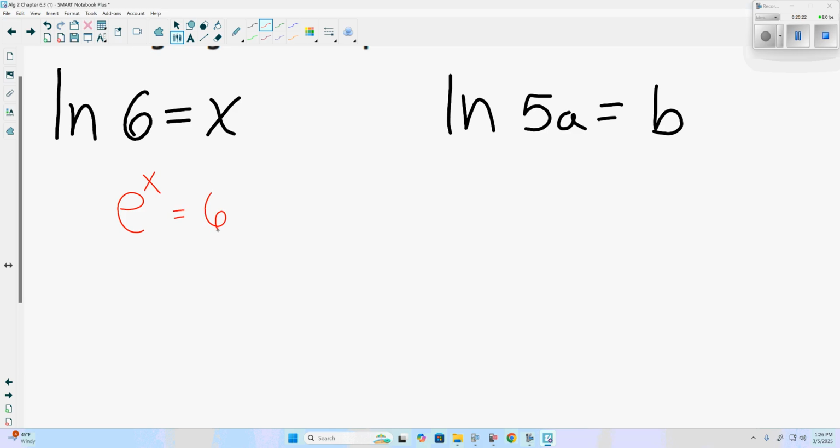Even though we have natural log instead of log, the way that we go to exponential isn't any different. So the natural log of 5a, the 5a is connected, equals b. So what's our base again? e to the b is equal to 5a.